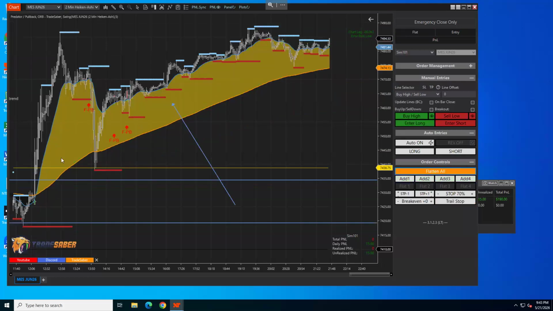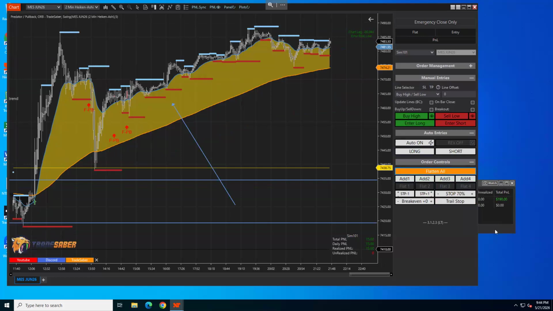How much did you put in? See, I just made $15 in 30 seconds. I put in the market on the mini. It depends on how much is in your account.